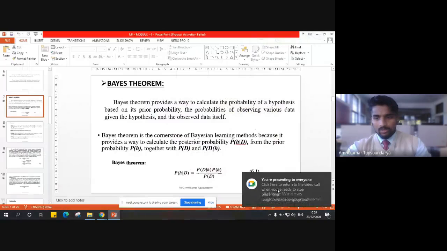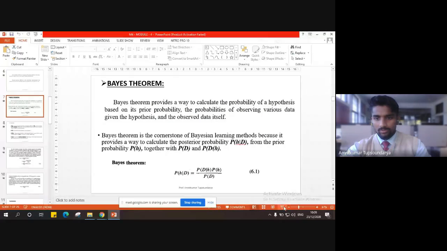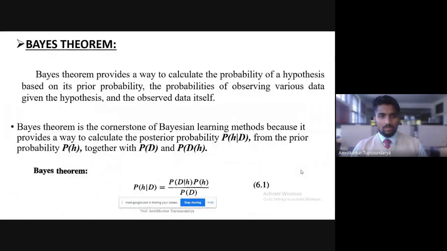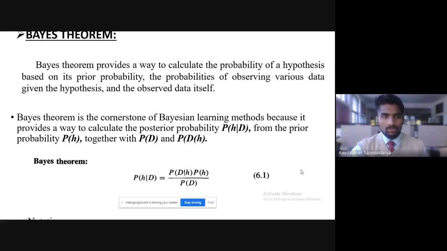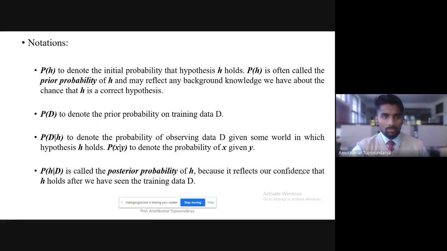Let us have a quick recap of what we discussed in the previous class. We discussed Bayes theorem. What is Bayes theorem? We defined the formula and the different notations in it. P of h is the initial or prior probability, and P of d is the probability of the training data d.